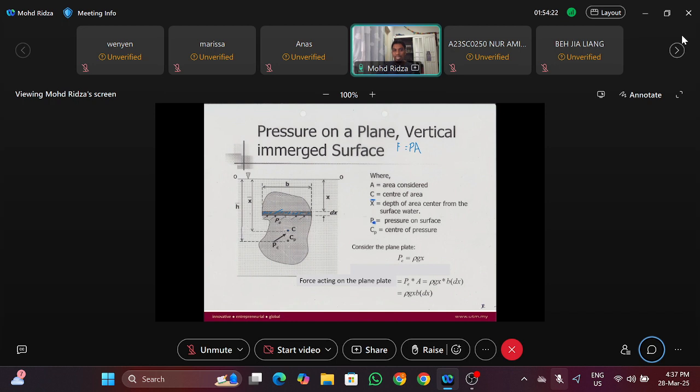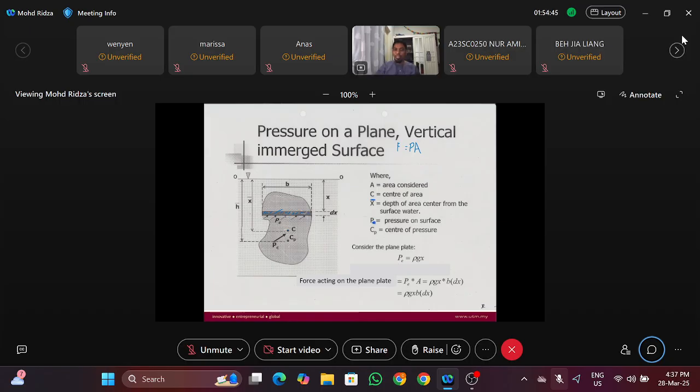So the size of this element is dx. The height of this element is dx. Dx usually is used for a very small element. You know your dy dx, that d represents a differential element, meaning it's very small. So we are going to find what is the pressure on this small element.